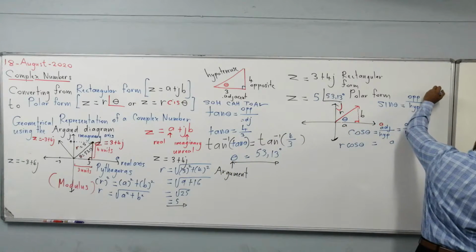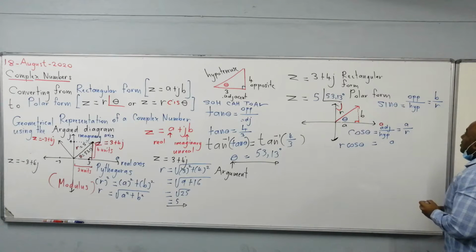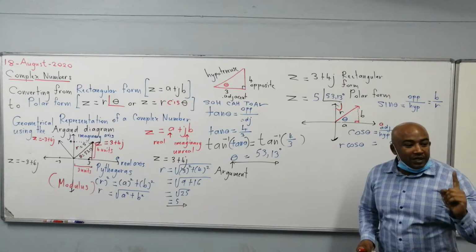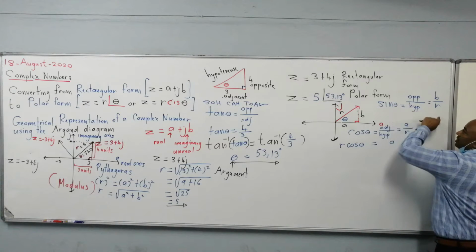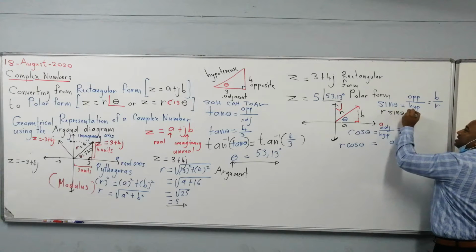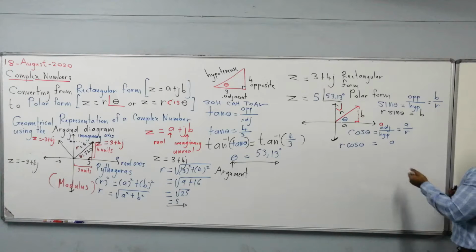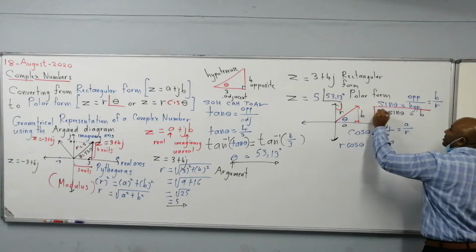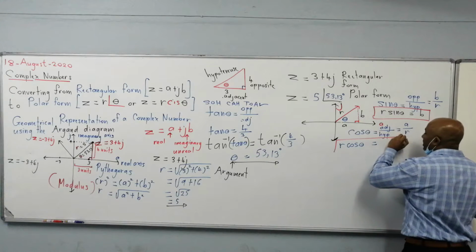So there's my B here. Your hypotenuse is R. Now, if I make B the subject of the formula, what will B equal? If I cross multiply, it's going to be R sine theta is equal to B. Now, from these two, we have B is equal to R sine theta and A is equal to R cos theta.